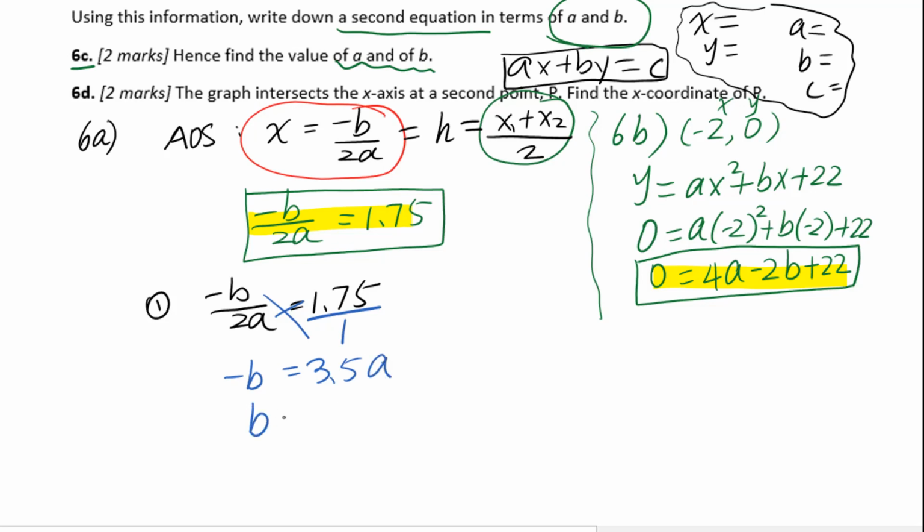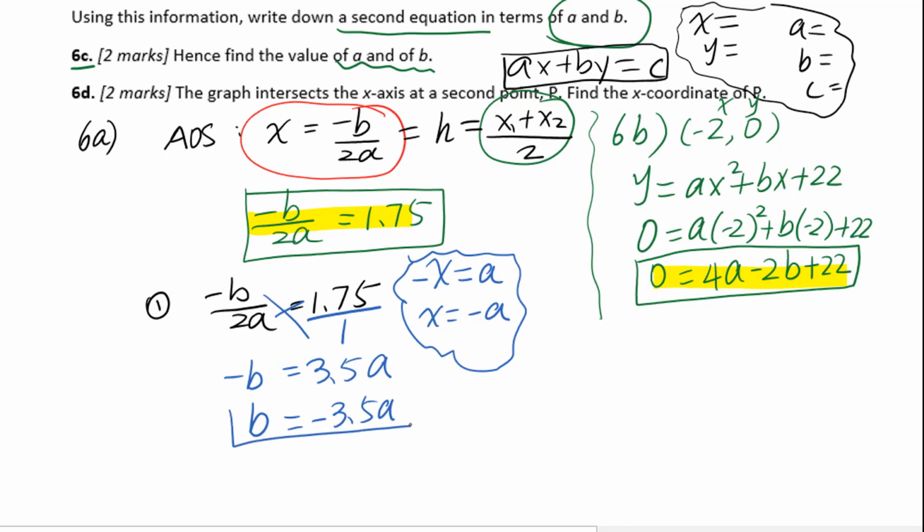Therefore, b equals negative 3.5a. Remember this as a rule: if you have negative x equals a, then x equals negative a. So negative b equals 3.5a. Therefore, b equals negative 3.5a. That's the first equation.